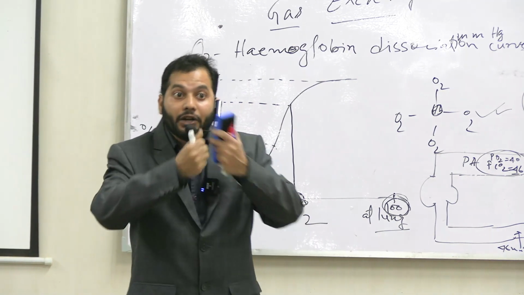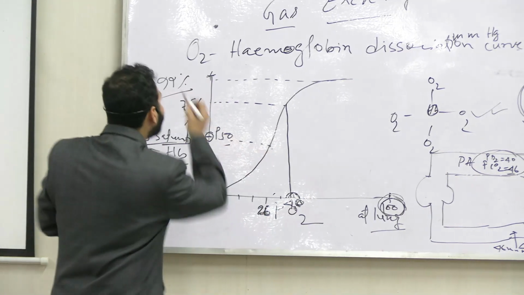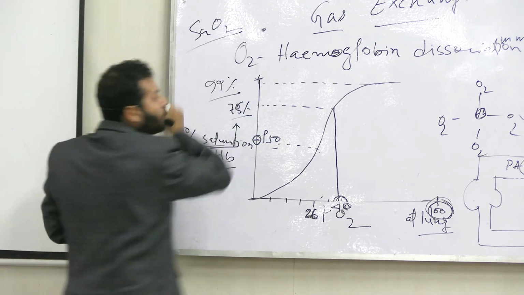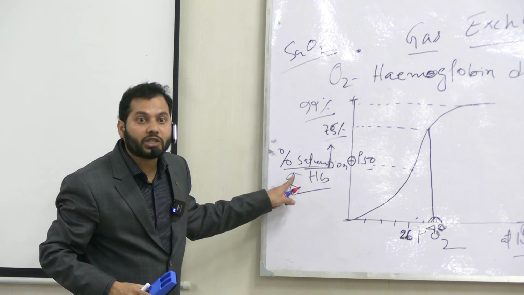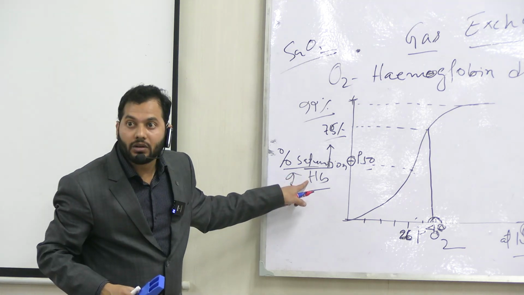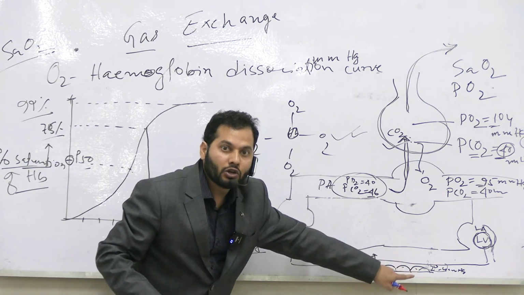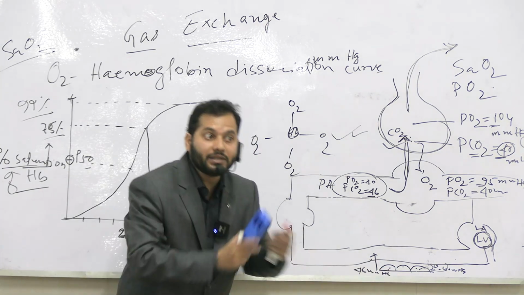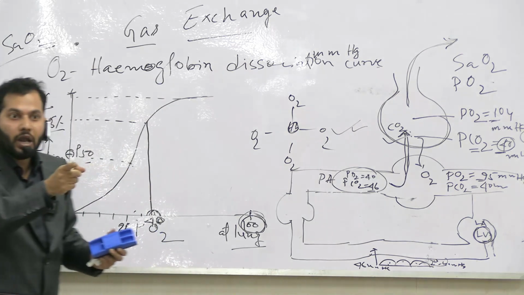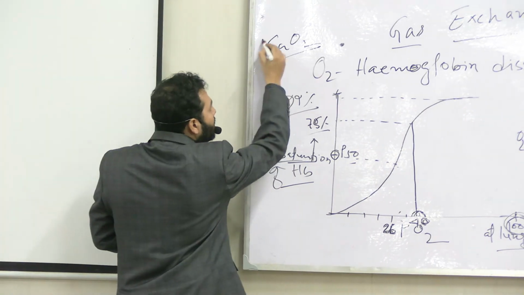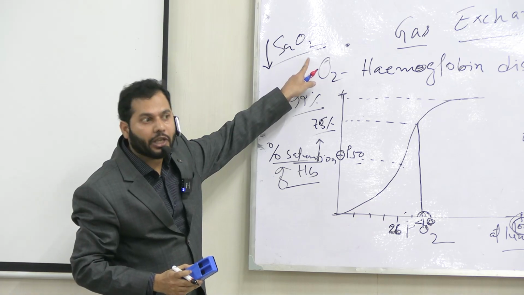So if there is a dissociation of oxygen from hemoglobin, it means there is a change in the SaO2, because it denotes the percent saturation of hemoglobin with oxygen. Due to the release of oxygen to the tissue, there is a dissociation of oxygen from the hemoglobin molecule. It ultimately leads to a decrease of percent saturation of hemoglobin.